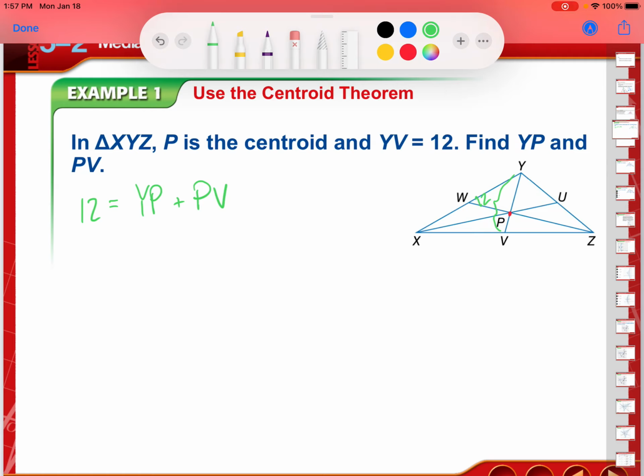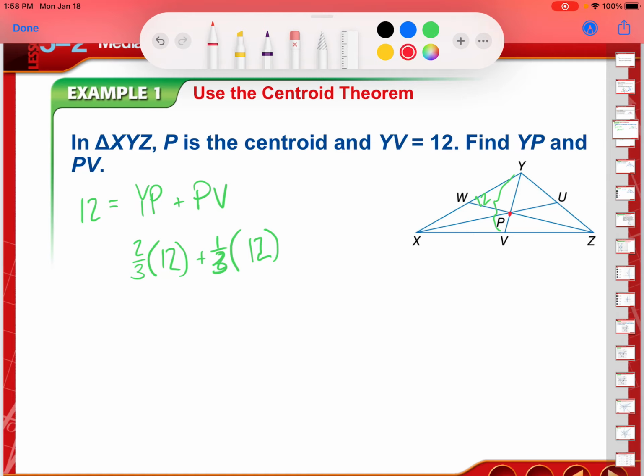I can go about this a few different ways. Actually, three different ways if you want to get technical. I could say 12 is equal to YP plus PV, and YP is 2/3 of YV, which was 12, and PV is 1/3 of 12.